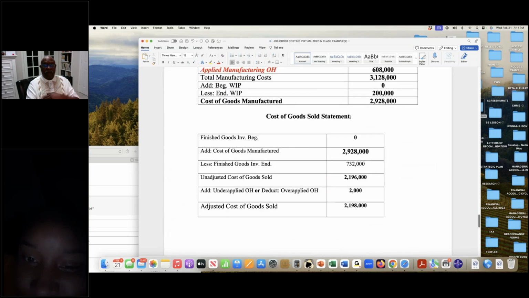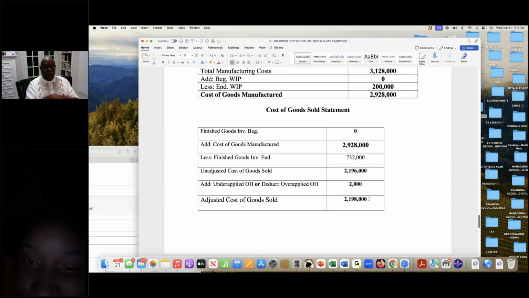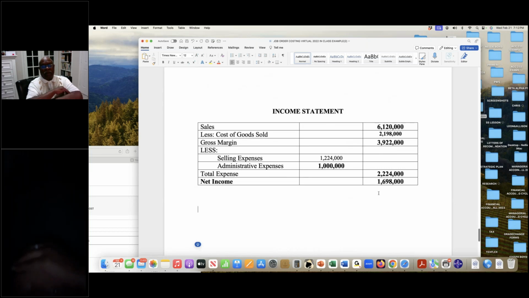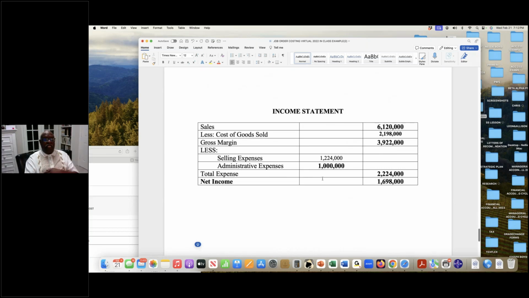Cost of goods sold, fairly simple. We bring down the cost of goods manufactured, subtract the finished goods inventory to get the unadjusted. We either add or subtract the over or underapplied 2,000, get the adjusted cost of goods sold, and then we do our income statement. Sales less cost of goods sold, gross margin, less selling and administrative expenses, net income.